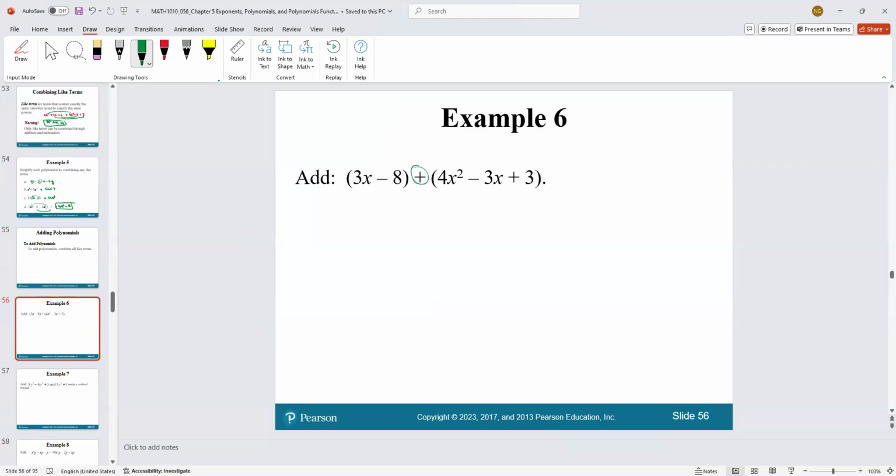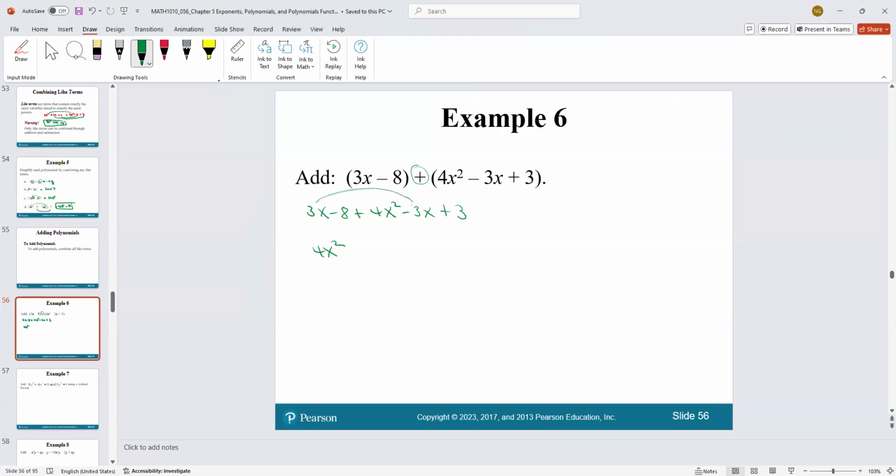Because there is a positive sign in the middle, all we need to do is get rid of the parentheses first. So remove the parentheses, nothing is affected because it was positive. Now let's simplify. We only have one term with power 2. It's 4x squared, so we're going to keep it as is. Two terms with power 1, 3x minus 3x.